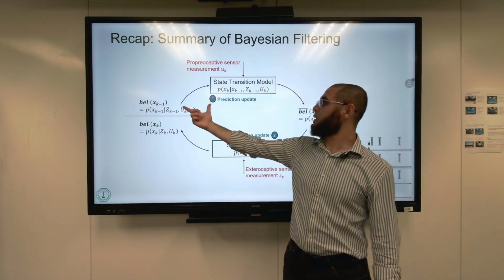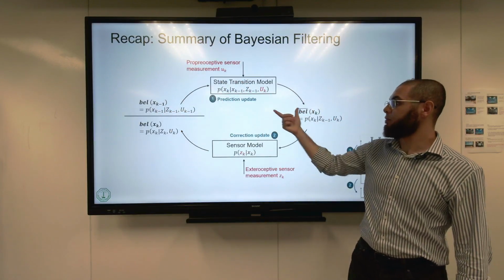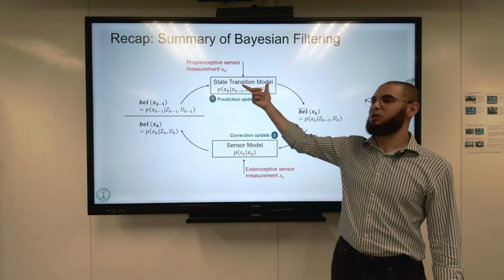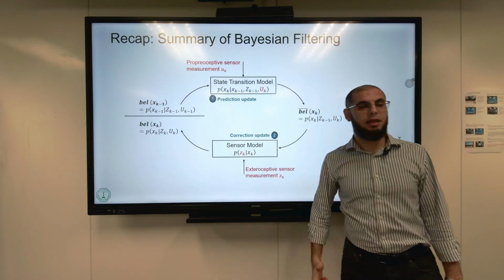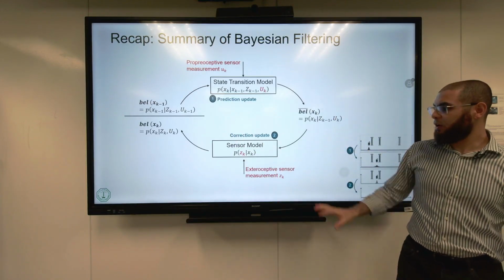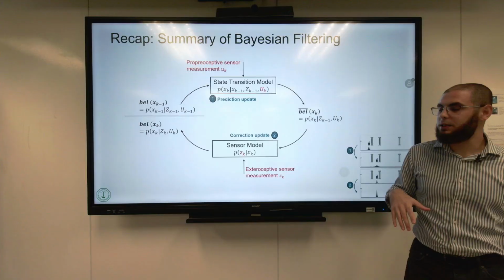And this probability distribution function, we're going to be advancing it by one step, by the prediction update using the state transition model, and then we're going to be correcting that using the sensor model. And this is the way the Kalman filter is presented.